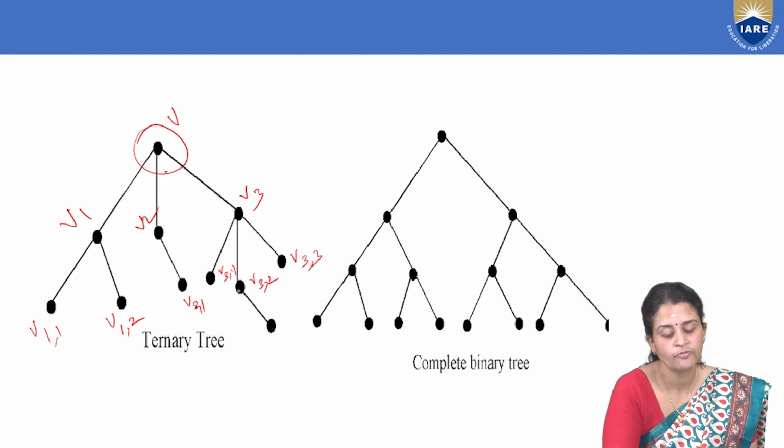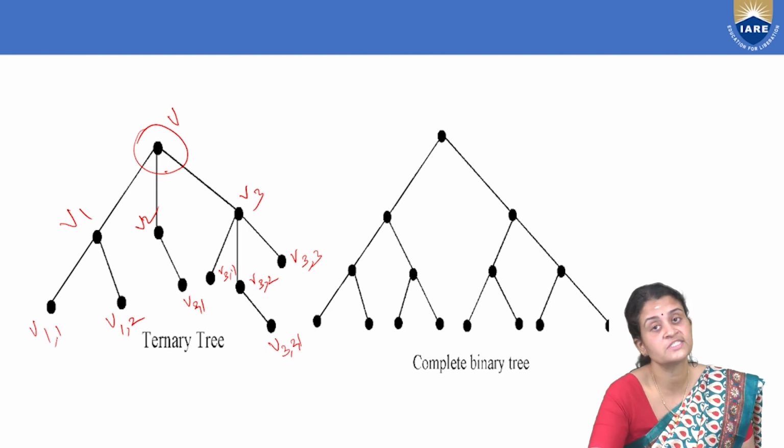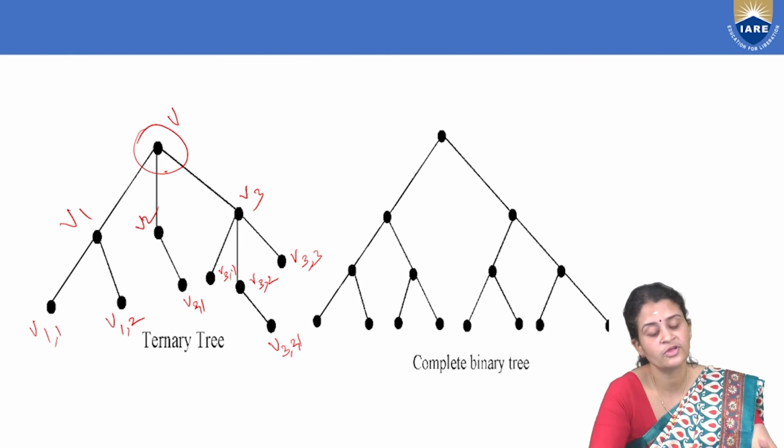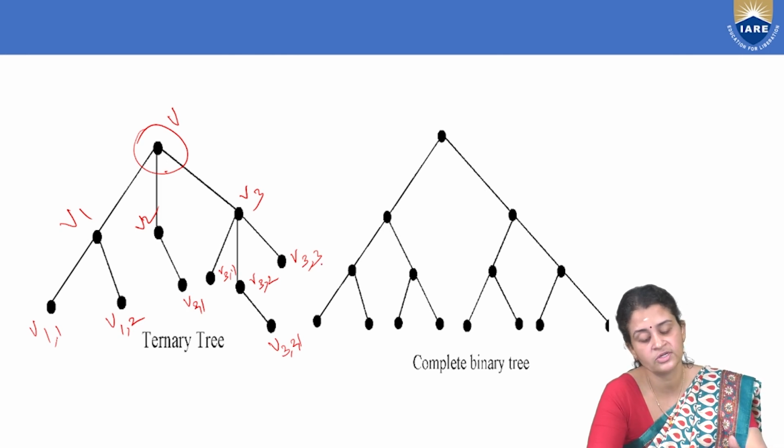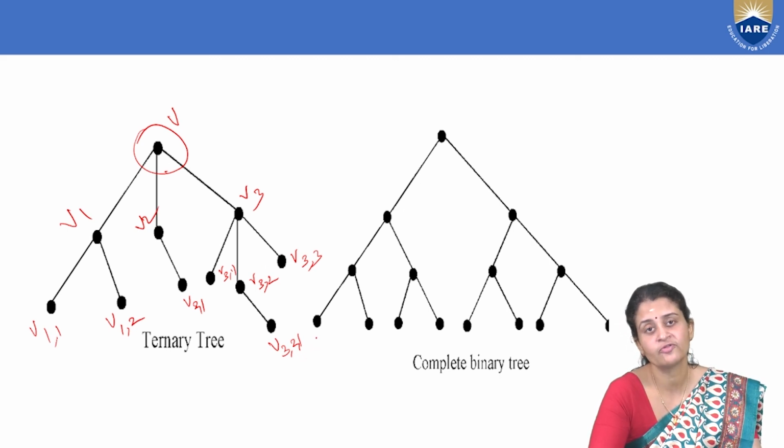And here V32 has 1 child, so I'm going to put it as V321, because the suffixes are like that. From V1 we got these 2, from V2 we got this one, from V3 we got these 3, and out of that, the next level is this one. I hope you can familiarize it as a family tree itself.